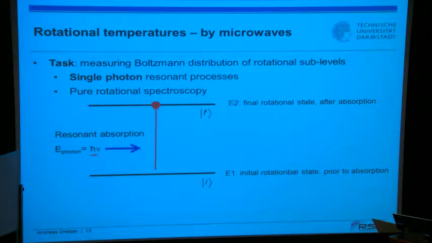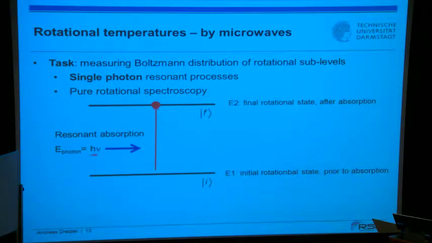And then what you do is, once again, you shine that in, and with a certain probability, bring your molecule from an initial state to a final state. And if this is a certain rotational level, and this is another rotational level, then this energy gap is in the range of microwaves. It's a couple of wave numbers.